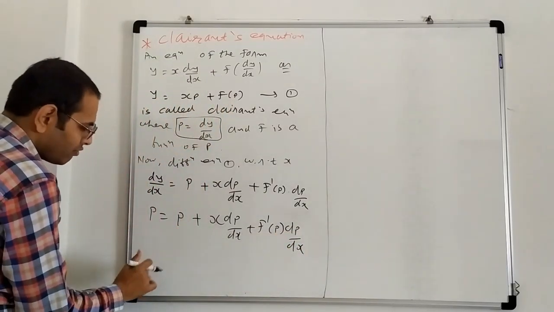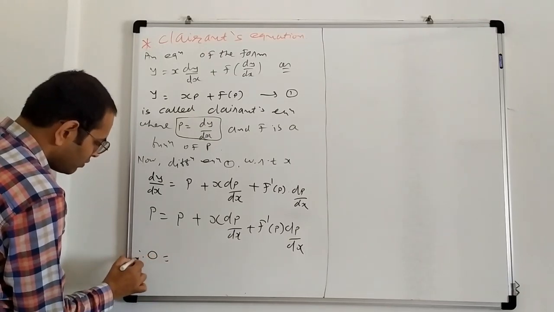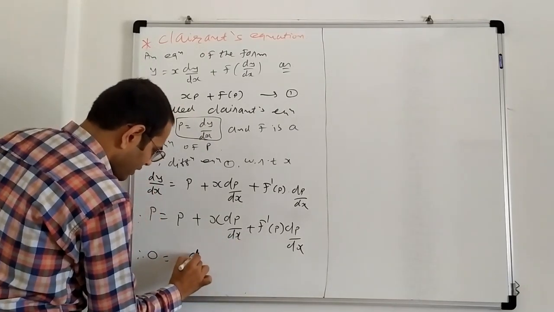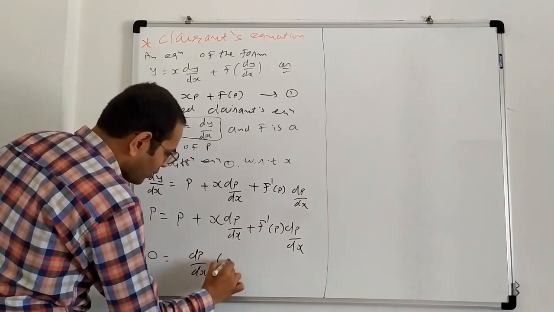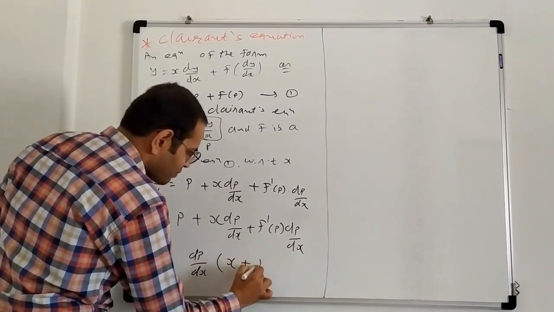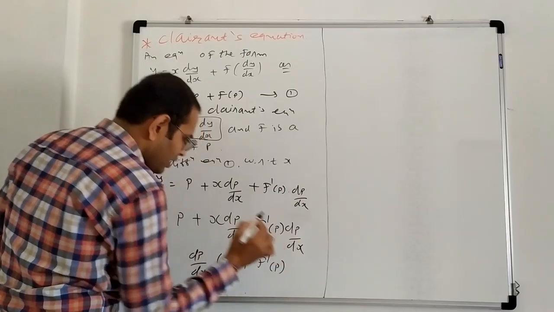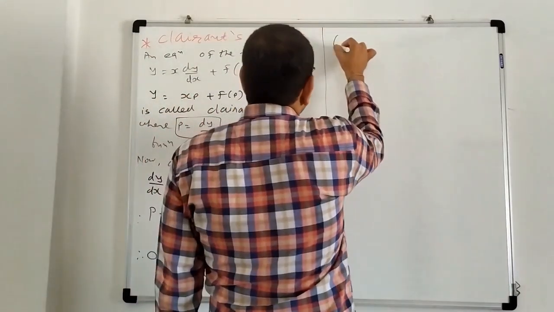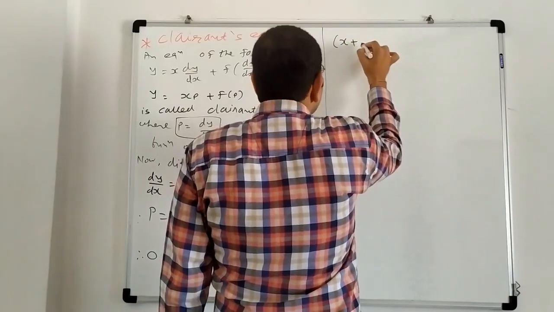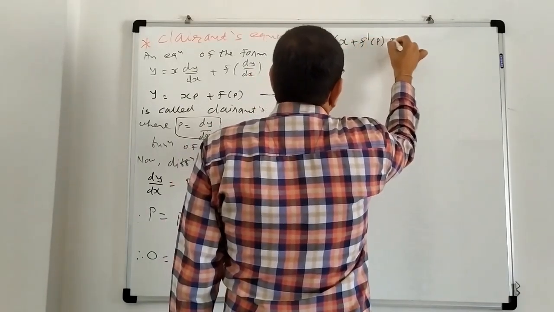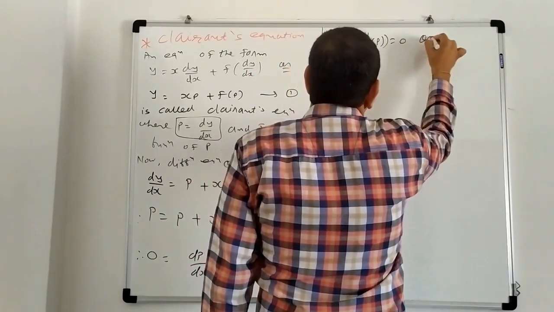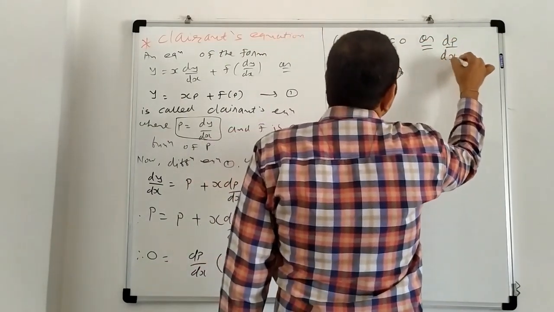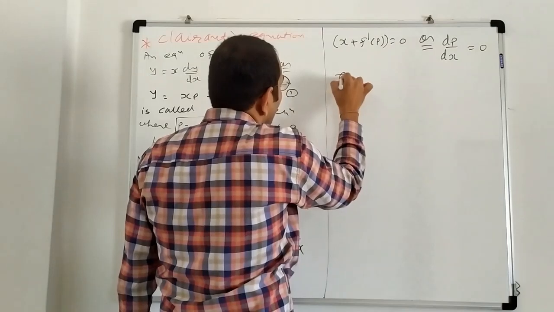P minus p, which is 0, equal to, in this term dp by dx common, then we get x plus f dash p. Now here we can write x plus f dash p equal to 0 or dp by dx equal to 0.